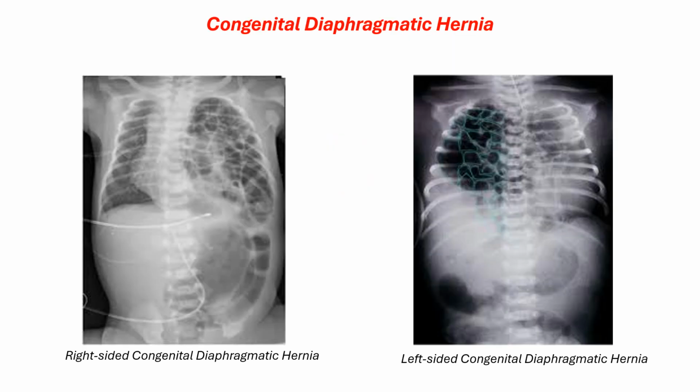However, as you can see on this slide, this is the right-sided congenital diaphragmatic hernia, which is more common compared to the left-sided congenital diaphragmatic hernia. There you go.